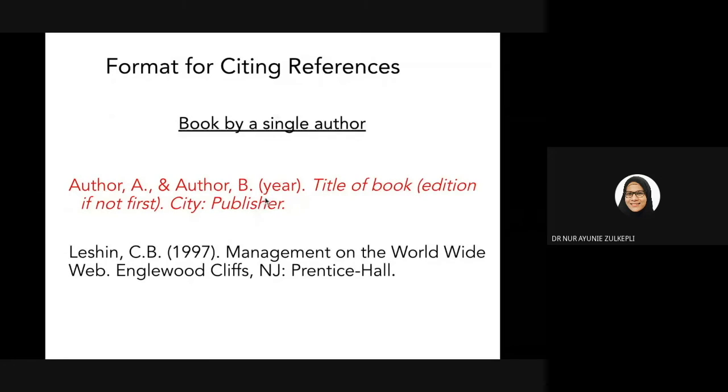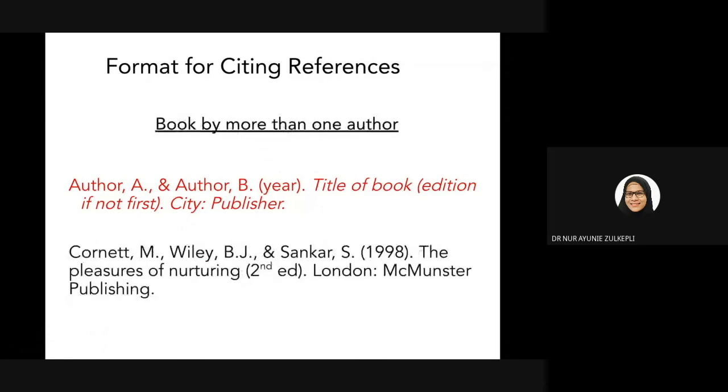You may use Harvard style, APA style, Vancouver style or any other style. But this is just the most common organization of referencing for a book. And this one, a book with more than one author.